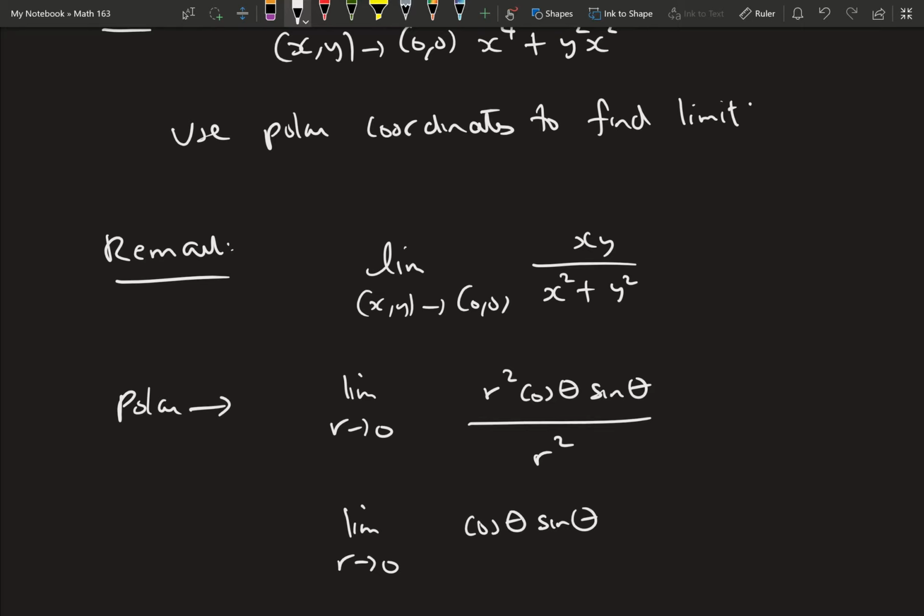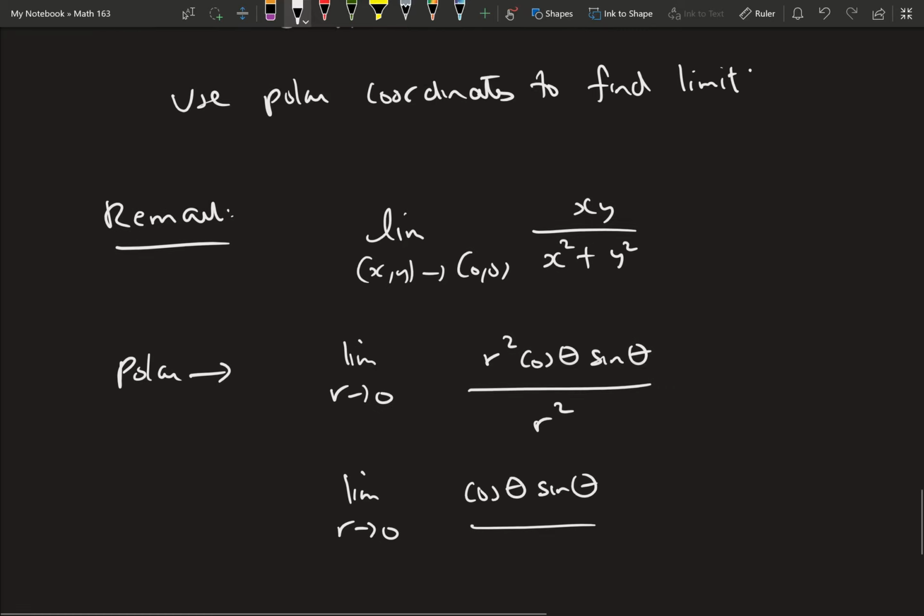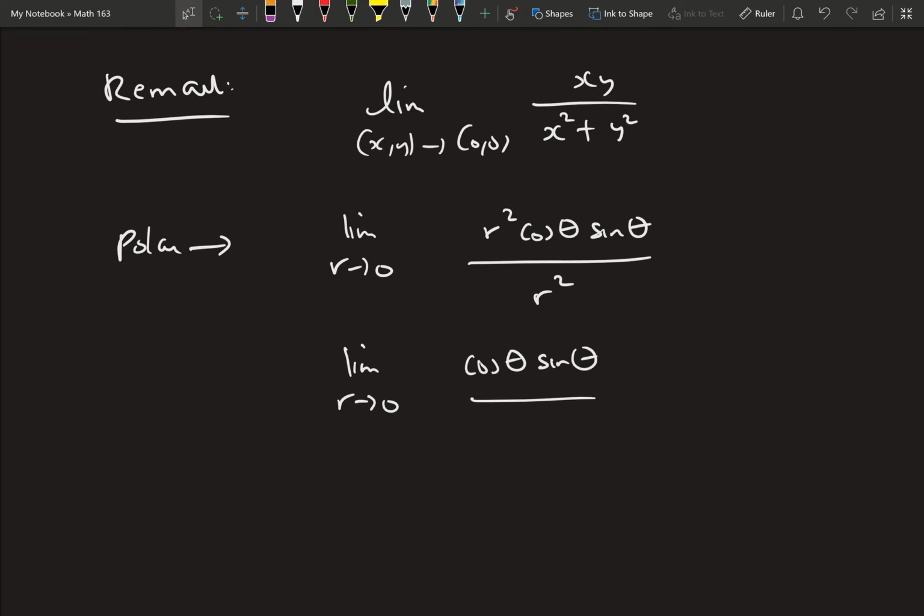Now, the moment you see something like this, where the r's have gone away, it's very likely that the limit does not exist. Because notice this doesn't even depend on r; theta can be whatever value it likes. But still, if we want to formally show that the limit does not exist, we need to select two paths.